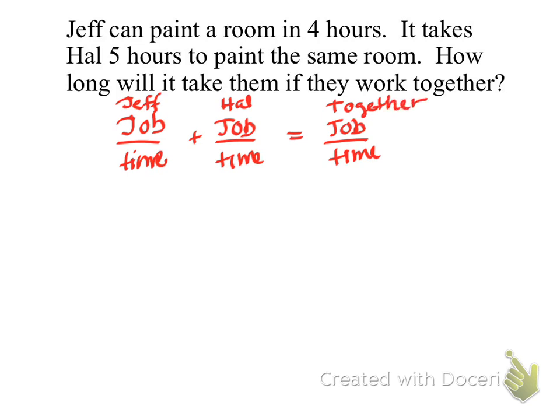So we say that it takes Jeff, he can complete one job in 4 hours, and Hal can complete one job in how long? 5. And together they can complete one job in how many hours? X hours. Pretty easy, right?